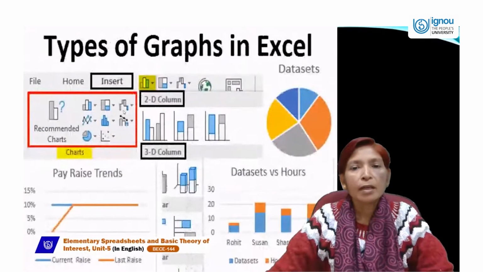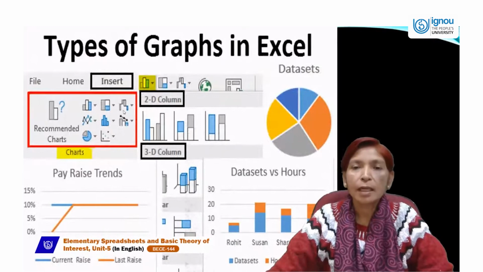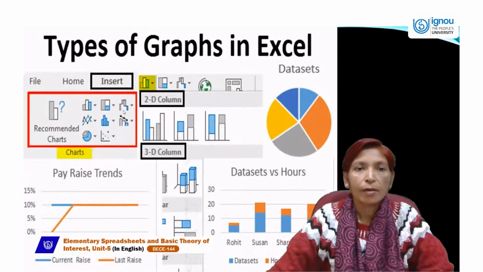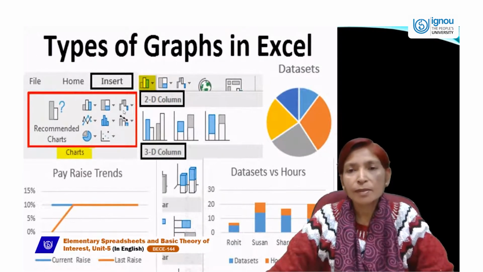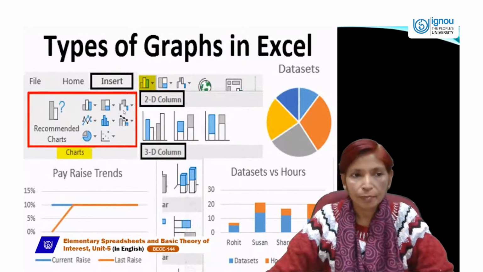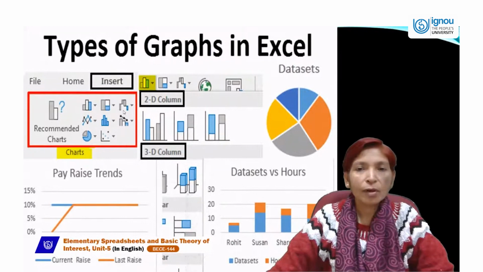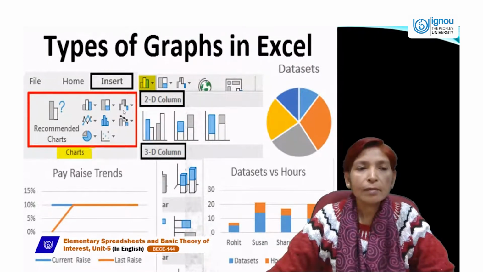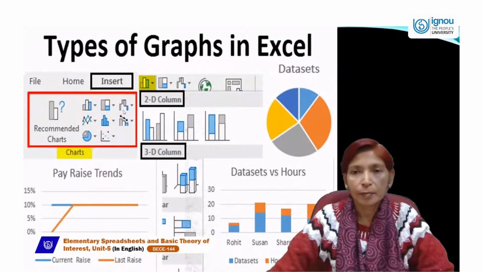Next is types of graphs in Excel. We can draw so many graphs with the help of Microsoft Excel. First of all, we have to open the heading which is given as Insert.